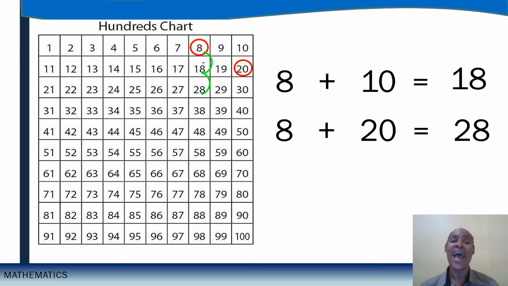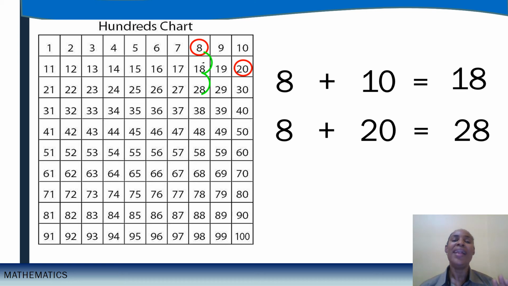And there we have it. The green arcs are showing us 10 added to 8 gives us 18. The second green arc is showing us, and when we add another 10 to 8, which is 20 added to 8, gives us 28.